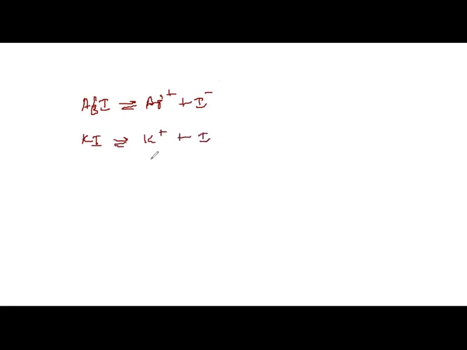KI is 10 raised to minus 4, and for KI one normality is equal to one molarity. Therefore, the I minus concentration will be S plus 10 raised to minus 4.